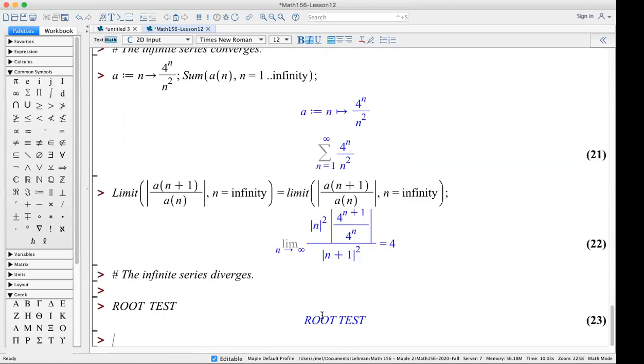And the third fundamental test for convergence is the root test. The root test says you take an infinite series and you look at the nth root of the nth term.